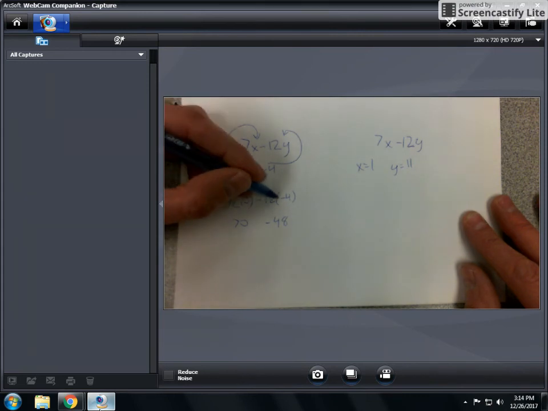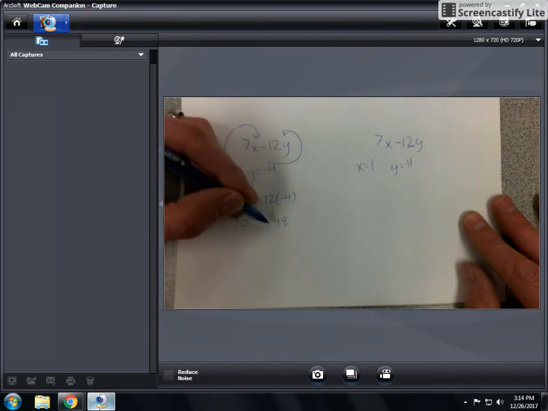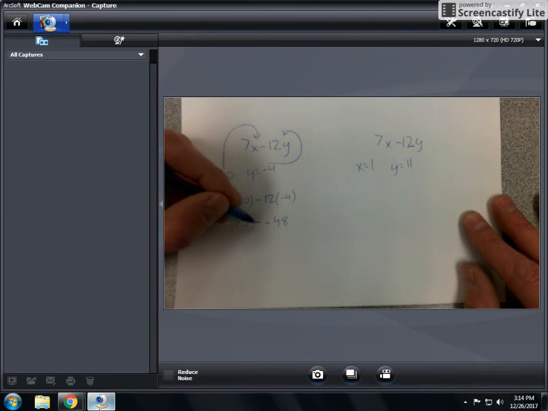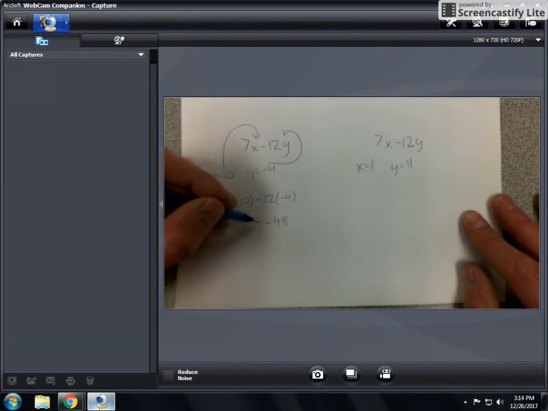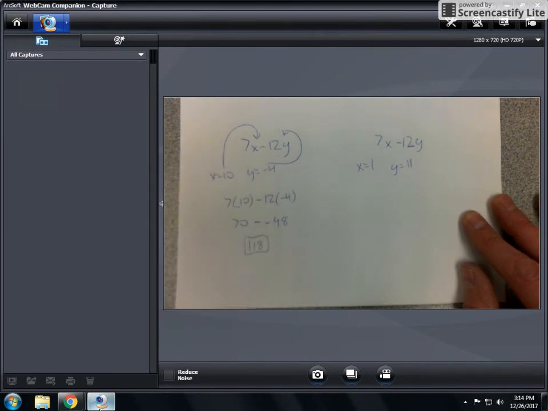This minus 12 times negative 4, it's a 12 times negative 4, which gives me a negative 48, but it is subtract. So it's minus negative 48. And I'm going to touch back on this here in a second. 70 minus negative 48, you can view that as adding a positive, because when you take away a negative, that's like adding a positive, and you end up with 118. That's the final answer there.